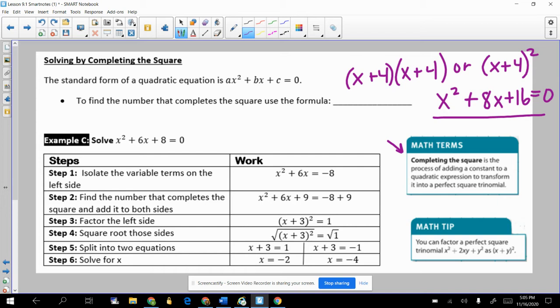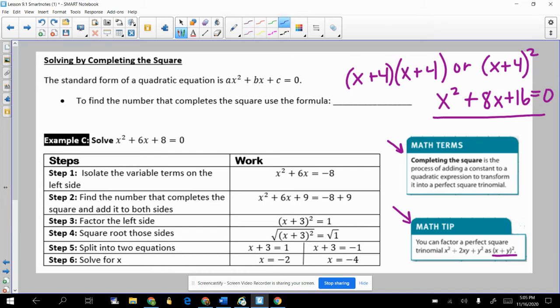We're going to be kind of rearranging the left side of the equation so that it looks like a perfect square, because then what we'll be able to do is factor it into that perfect square trinomial so that it looks something like this. And then we can take the square root of both sides like we were doing in the last video.